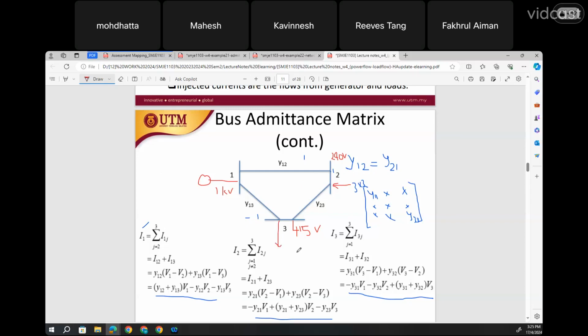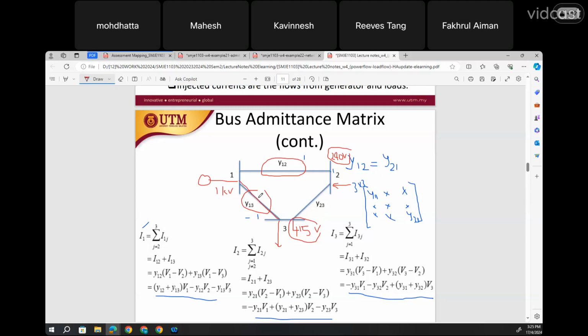However, what we expect over here, 415 and 240, is without considering the length of the transmission. How far is this generator to this load, and how far is this generator to this load?